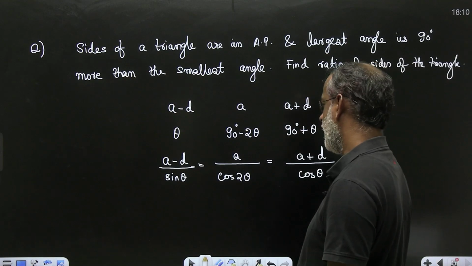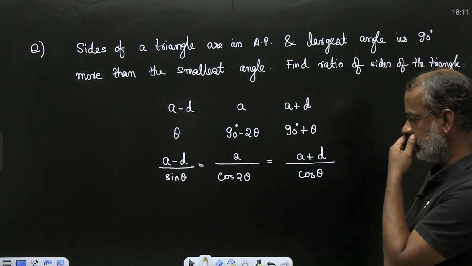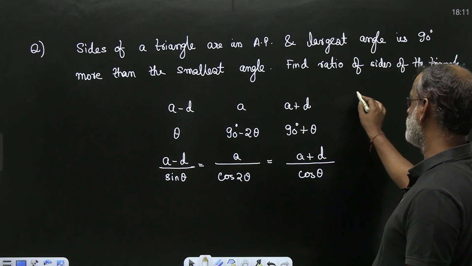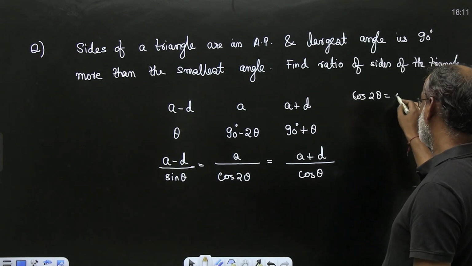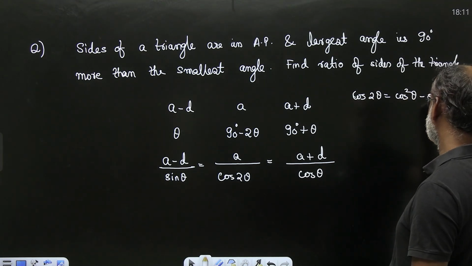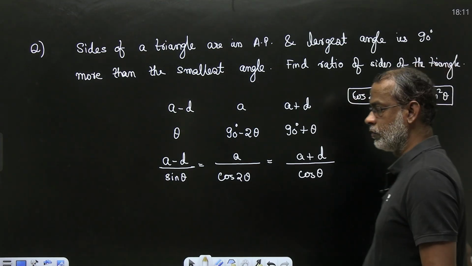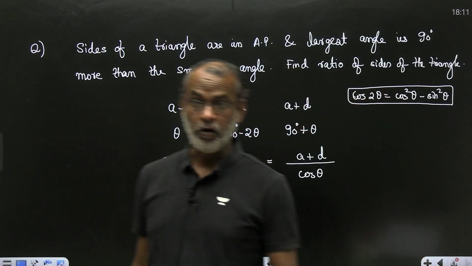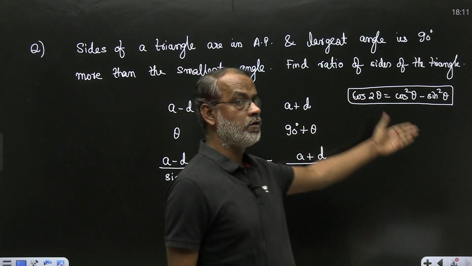Now, in the previous problem, because most of them were sine, it was easy to deal with them. Cos 2 theta, if you remember the formula, what is the formula for cos 2 theta? Cos square theta minus sine square theta. So somehow we have to plug in this expression. So it is cos plus sine into cos minus sine.